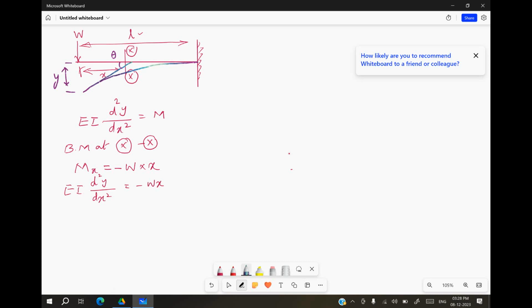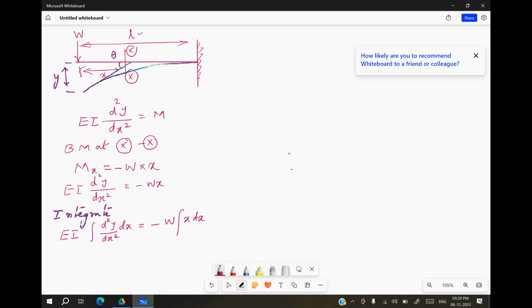Let me integrate it. E and I are constant, so I will keep them outside. EI integral of d²y/dx² dx is equal to minus W integral of x dx.